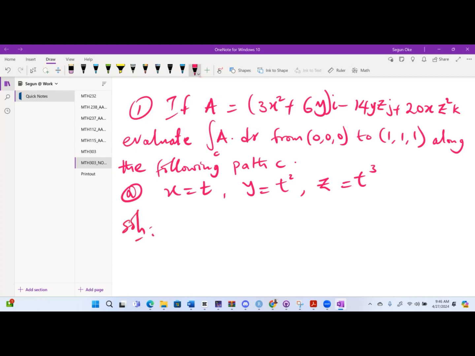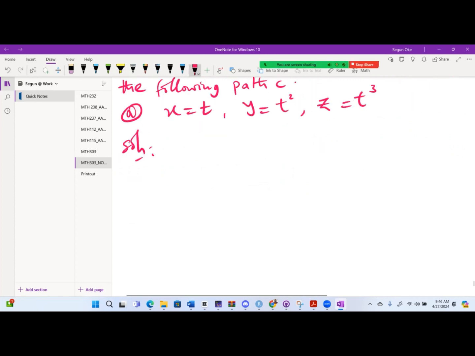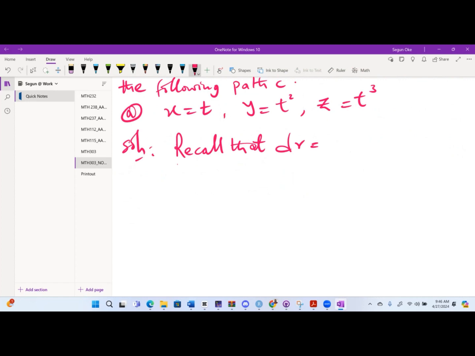Then the solution says, for us to solve this, recall that dr equals dx i plus dy j plus dz k.